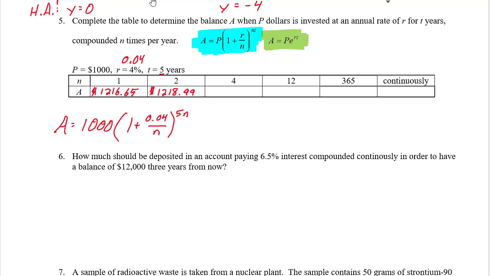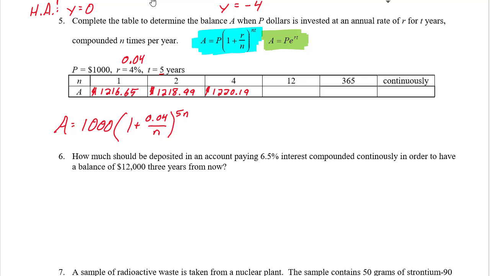Similar thing for 4. That gives me 1,220 and 19 cents. Do the same thing now with 12. Hopefully you kind of see what the pattern is here.